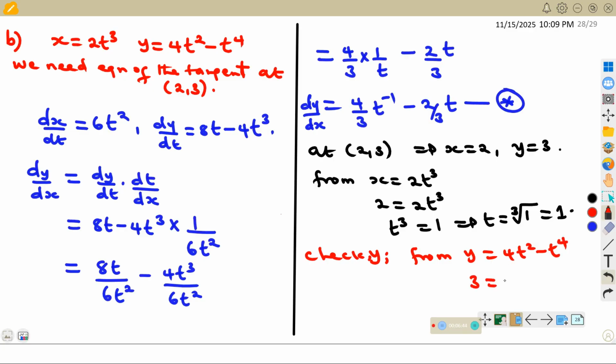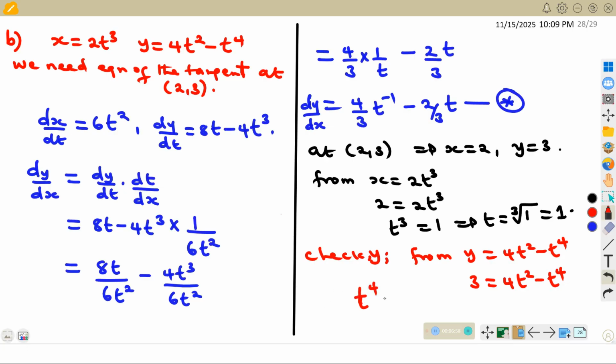So 3 is the same as 4t squared minus t to power 4. From here, it means we need to solve this. This is the same as having t to power 4 minus 4t squared plus 3 equal to 0.